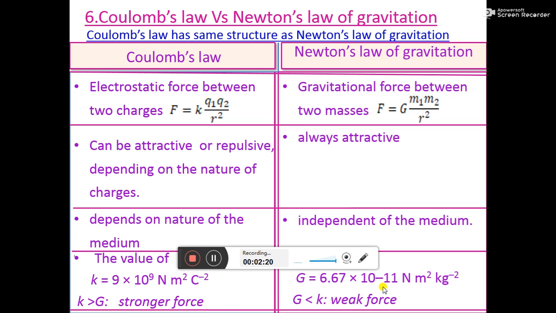According to Newton's law of gravitation, G is equal to 6.67 into 10 to the power of minus 11 Newton meter squared per kilogram squared. The value of G is less than K, therefore gravitational force is a weaker force compared to electrostatic force.